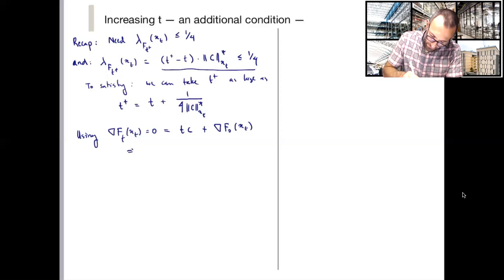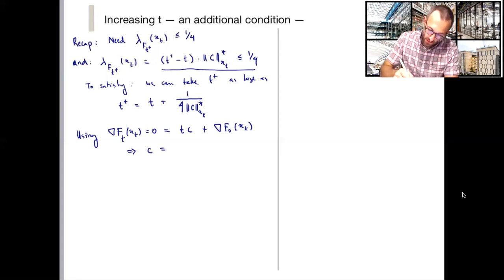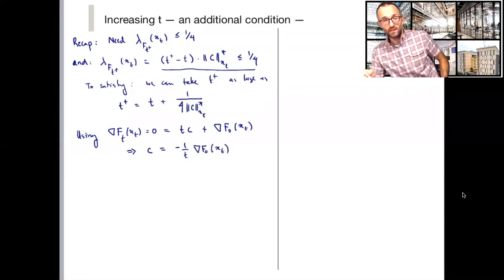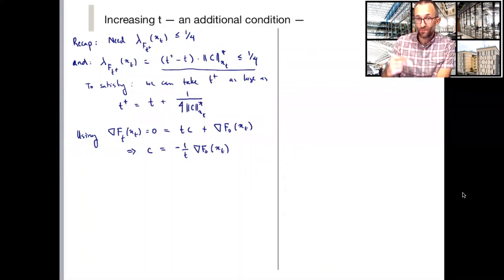And therefore I can solve for c as a function of t and xt. So c is equal to minus 1 over t times the gradient of f0 at xt. So notice what I've done. c is a constant, but for every t, the property of xt and the property of the trajectory that xt takes allows me to write it in this way. So using this property, now let's see what this norm is.